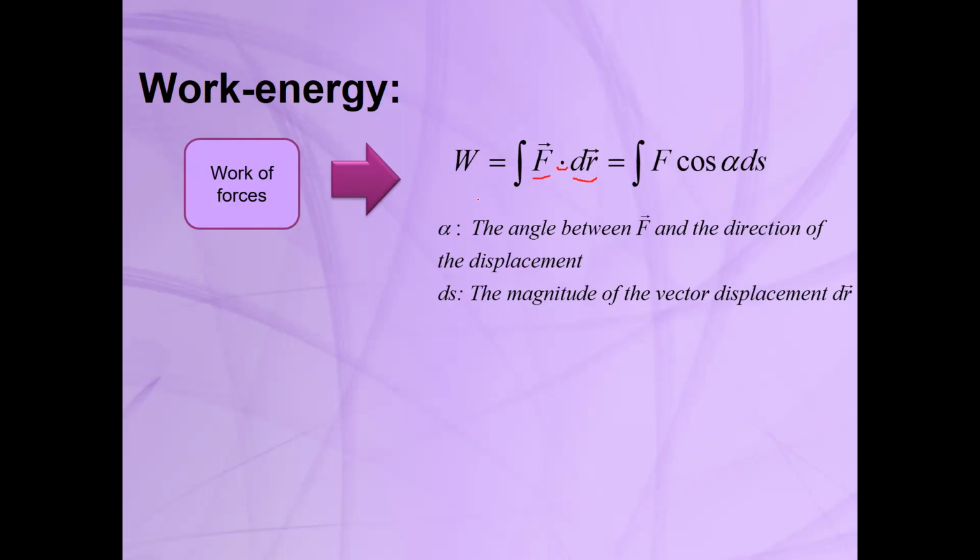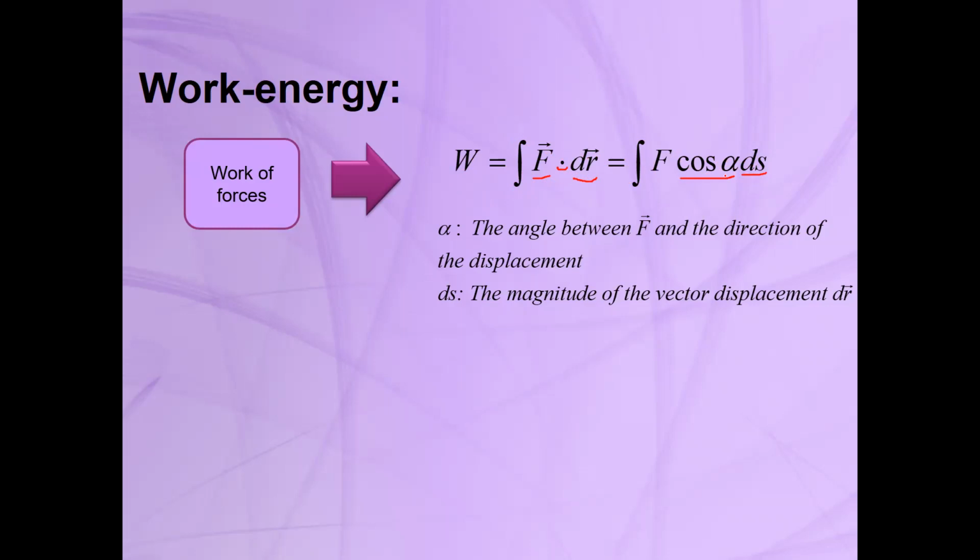If we open this dot product, F dot dr is equal to F cosine alpha ds, where ds is the magnitude of the vector dr, and alpha is the angle between F and the vector dr.